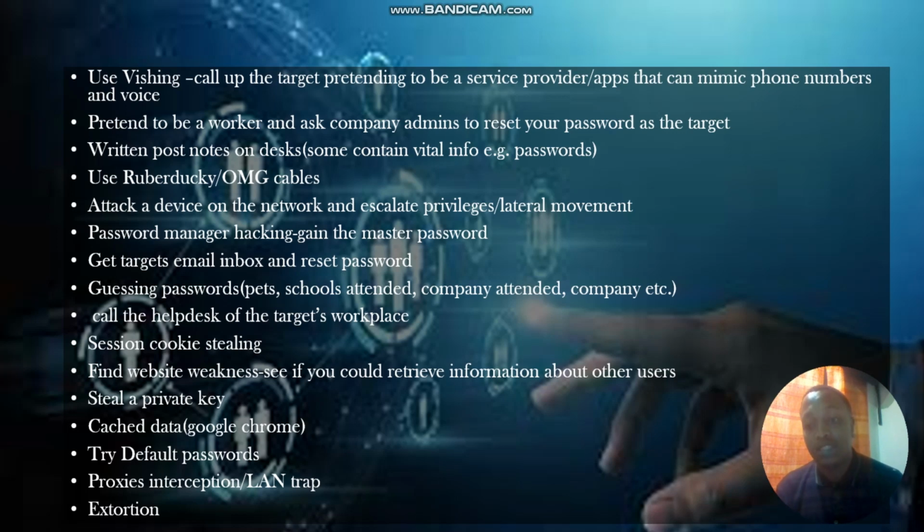Even accounts earlier were using this kind of trick where they ask you a security question. They ask you, what is your favorite pet? What school did you attend? Those are set as your security questions. So if somebody was smart enough to guess your pet's name, your school attended, the company that you're working for, they could create a word list by merging.